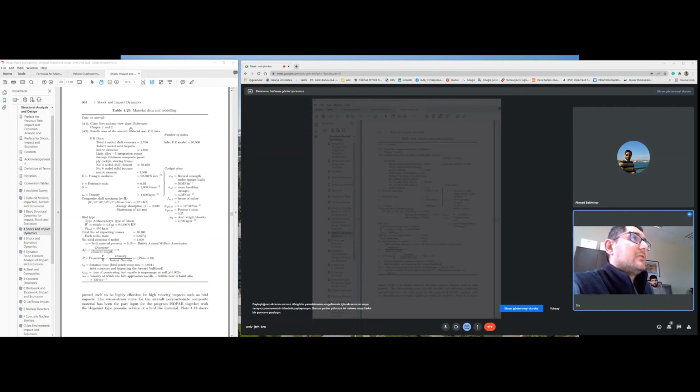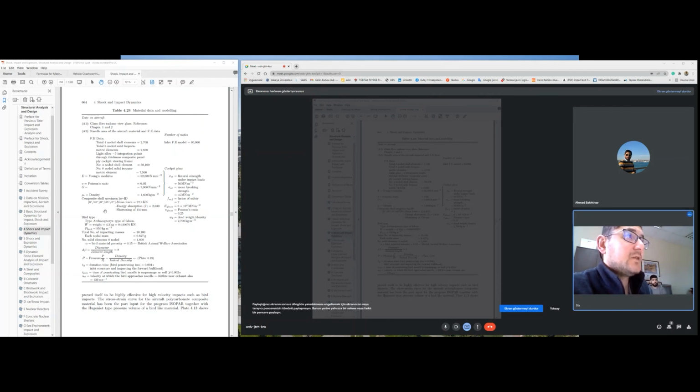Let me continue again. Material data and modeling. This one is also important. 4.29. How are you going to model the material data of the explicit system? Of course, this one is talking about an example, but it is also trying to give some info about the procedure.